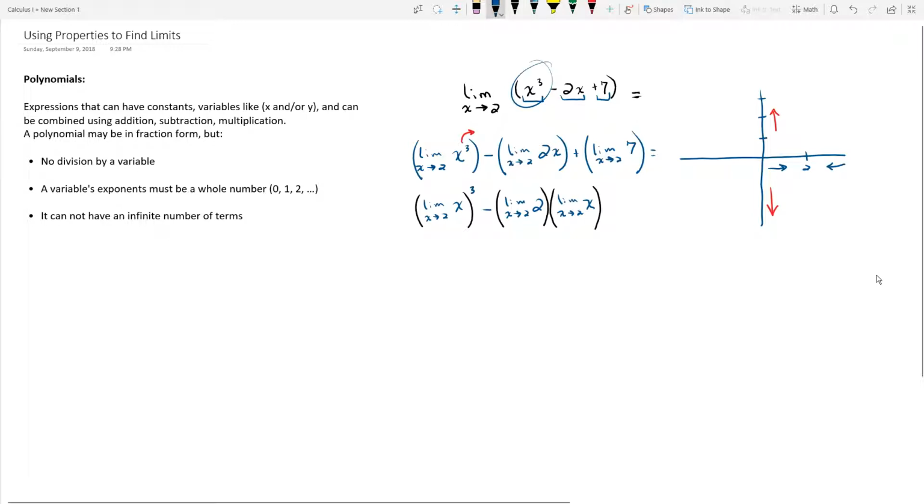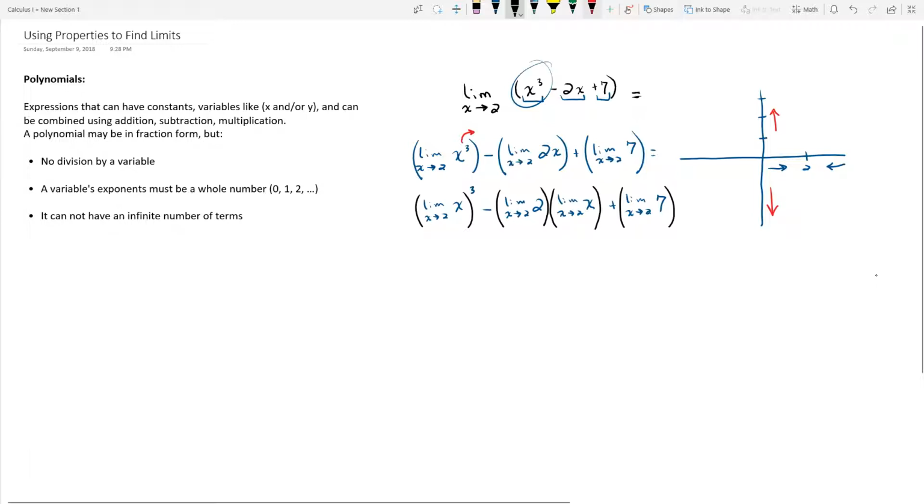Then we're going to add plus, and this one is fine. We've reduced it down to just a constant. So as x approaches 2, the limit as x approaches 2 of 7.